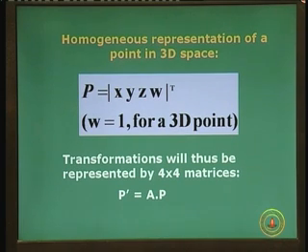So, it is a column vector, and when you take it as a column vector, typically you pre-multiply P by a transformation matrix A. We talked about this in 2D, similar concepts hold in 3D as well, and you get new coordinates P prime. Of course, if you take P to be a row vector, that means P is equal to x, y, z, w without the transpose, then P prime becomes P multiplied by A, or P gets post-multiplied by the transformation matrix A.